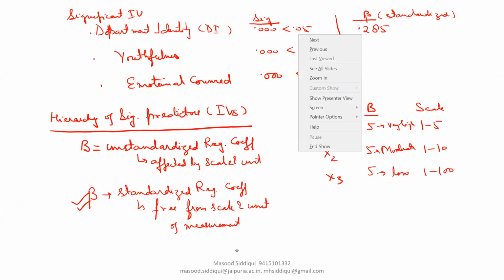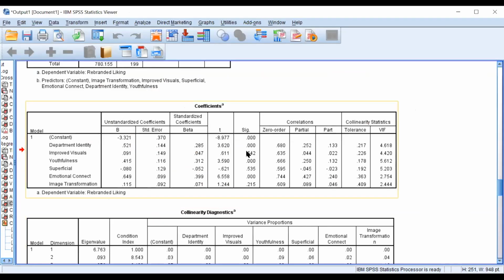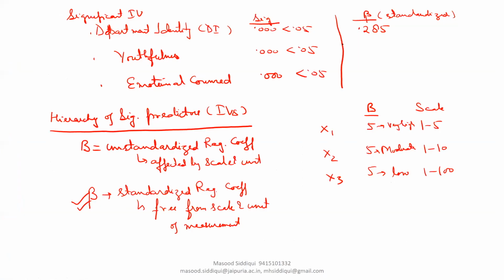Here the value of beta for departmental identity is 0.285. Now the second value. The next significant predictor is youthfulness. It has a beta of 0.312. So we have the next value as 0.312.